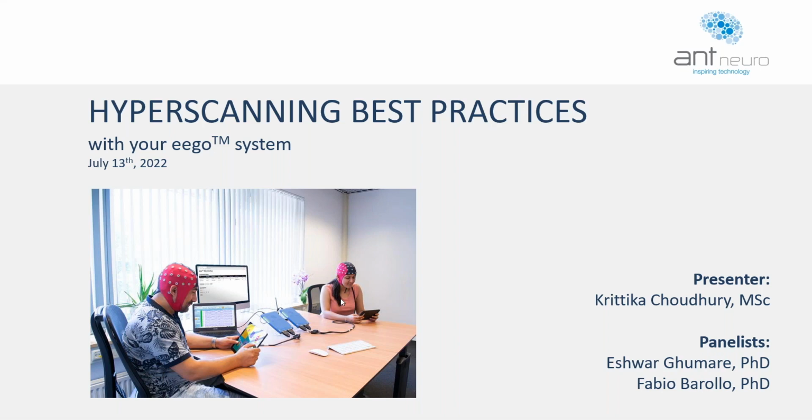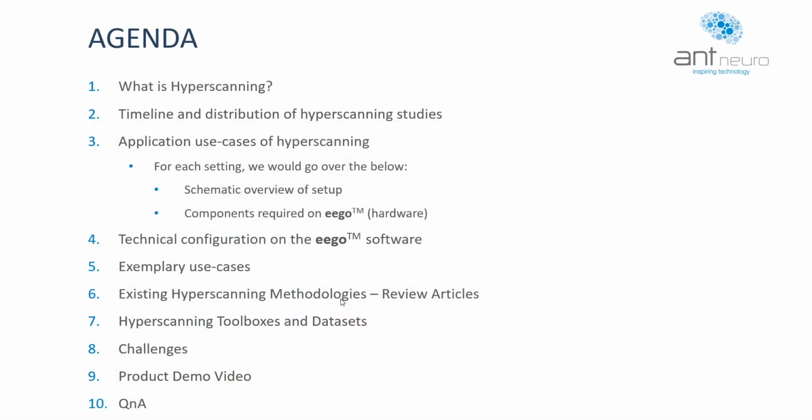I do have a short agenda covering the discussion structure that I want to follow today. I will start with a little bit of what hyperscanning truly is, a little bit on the timeline and distribution of hyperscanning studies up until 2019 or 20, and some application use cases of hyperscanning. For each of these settings, we will go over a schematic overview of the setup, as well as the hardware components that you would need to achieve this from an eego perspective.